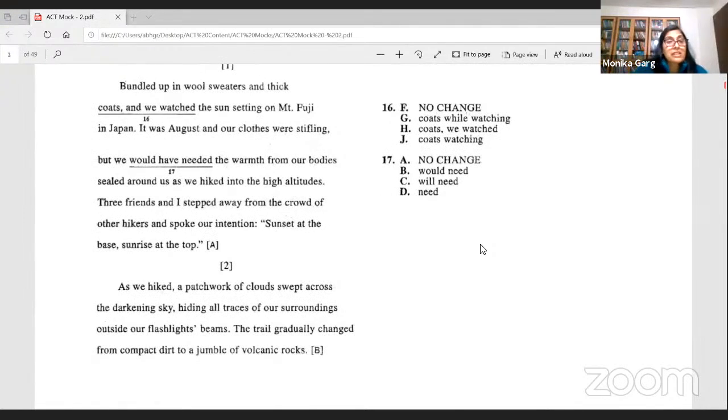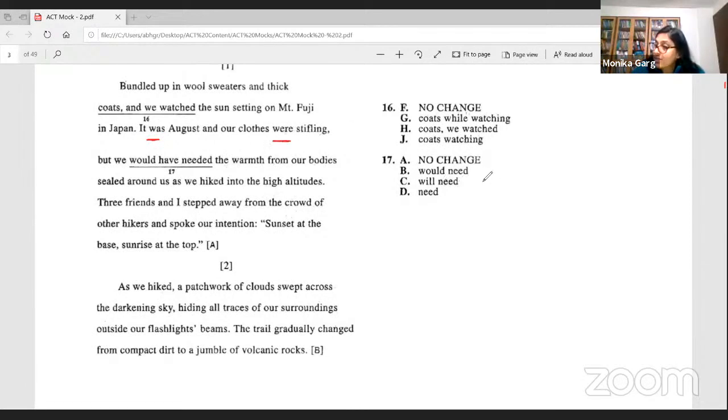Question number 17. It was August, our clothes were stifling, but we would have needed the warmth from our bodies sealed around us as we hiked into the high altitudes. So you can see this is something that happened in the past you're talking, was, were.